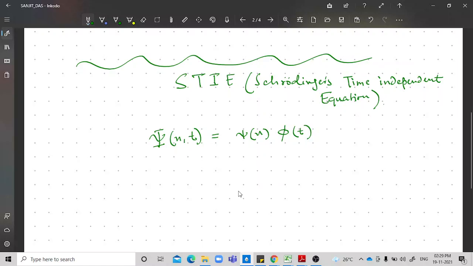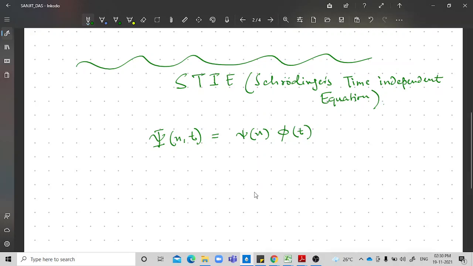I am assuming the solution, psi of x comma t, is separable. Separable means in space and time, in a product format, where small psi is a function of x and small phi is a function of t, time.